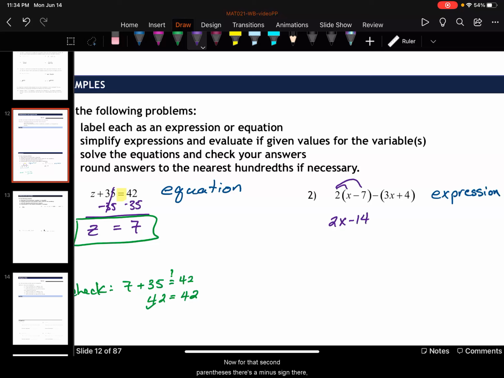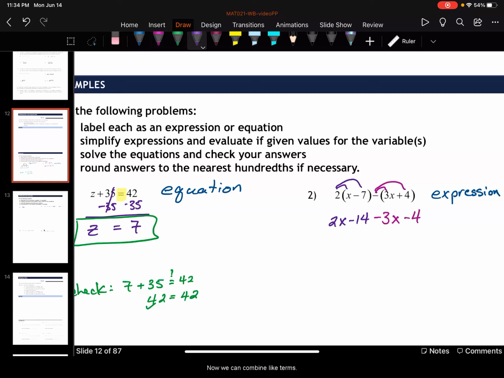Now for that second parentheses, there's a minus sign there. That minus sign also has to be distributed into that parentheses. So a negative times 3x is going to become a negative 3x, and that minus or negative distributed into that 4 is going to make it a minus 4.